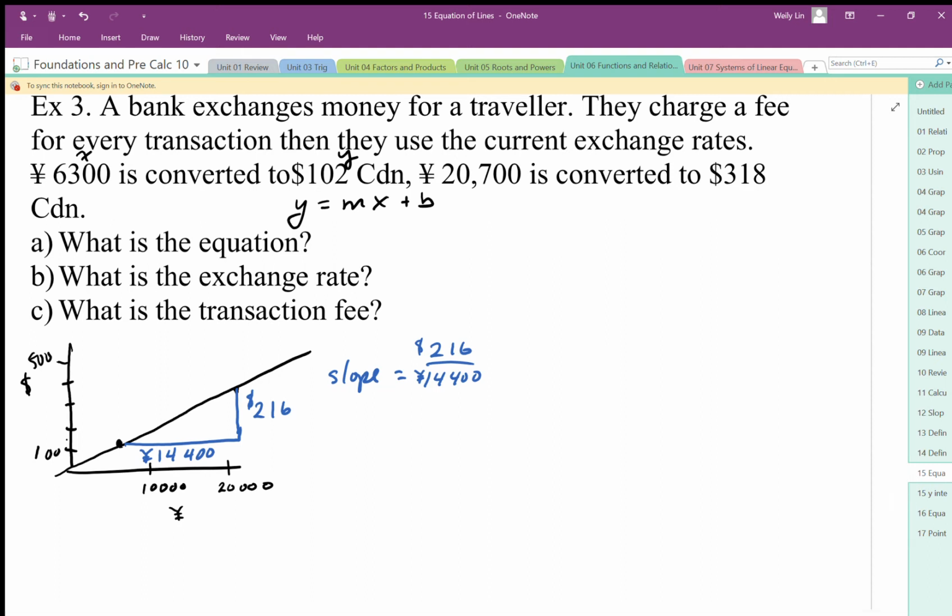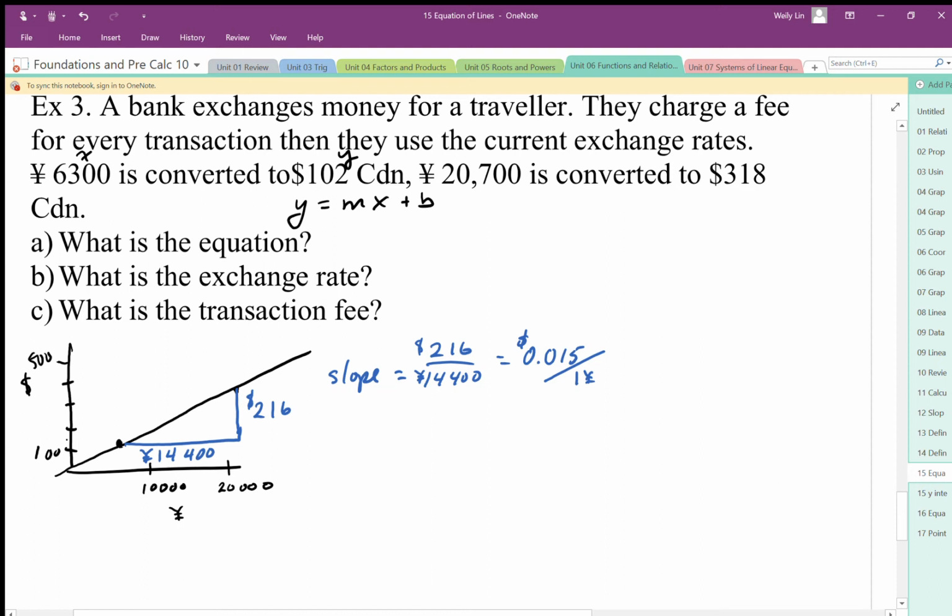We have, let's see, 216 divided by 14,400, and that gives me a slope of $0.015 Canadian for every 1 yen. Okay, so that's my slope.